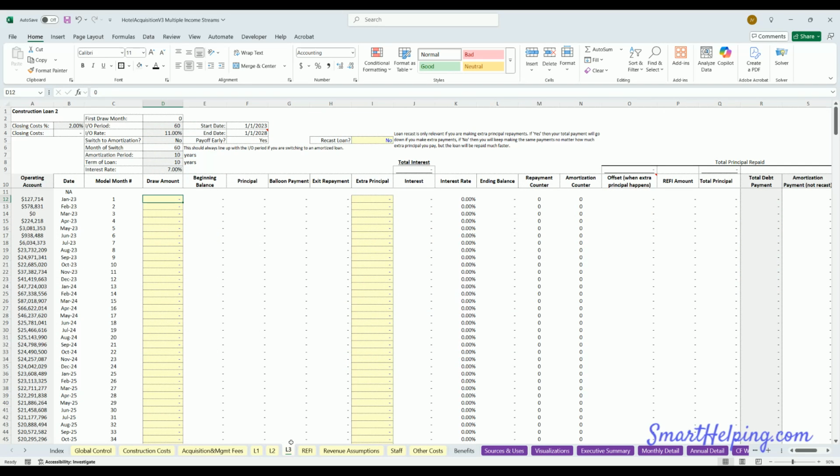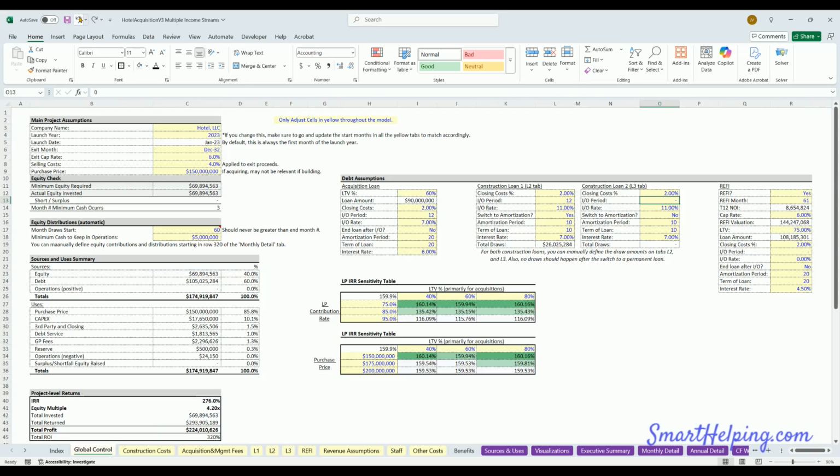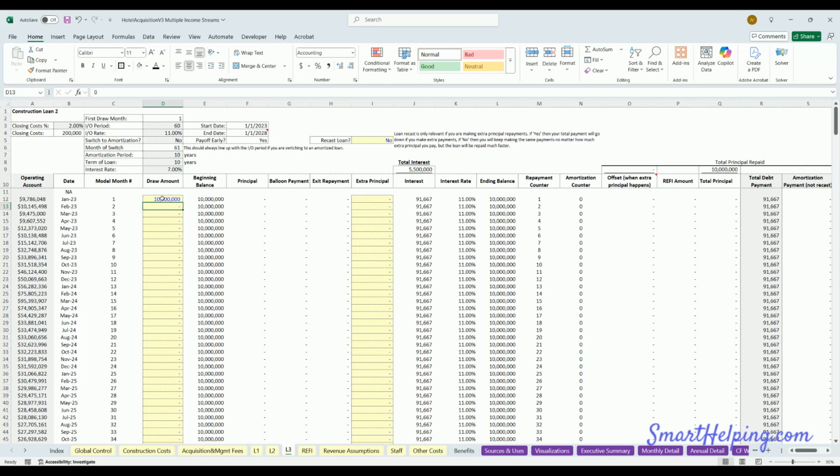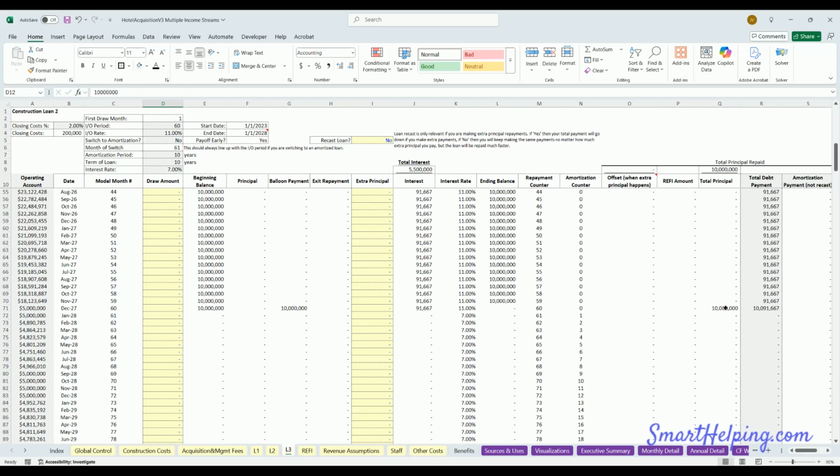Let me double check one. Okay, good. 60-month, and then if we go to L3 here, just put the draw amount in the first month of how much you're going to take out, maybe 10 million. Okay, so we see our cash balance just went up by 10 million, and we have interest only happening for 5 years, then we repay that there.